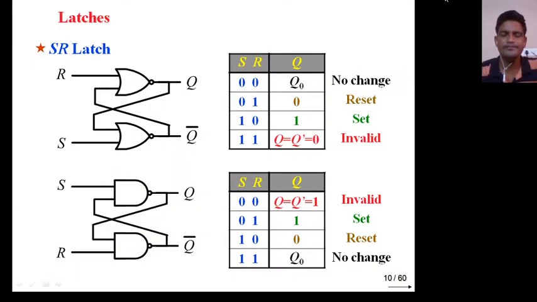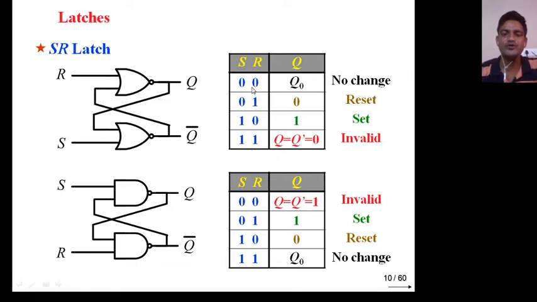Hello everyone. In the last class you have seen about combinational circuit and sequential circuit, and about NOR based latch and NAND based latch. This is the truth table, or you can say the characteristics table, of SR latch or RS latch.